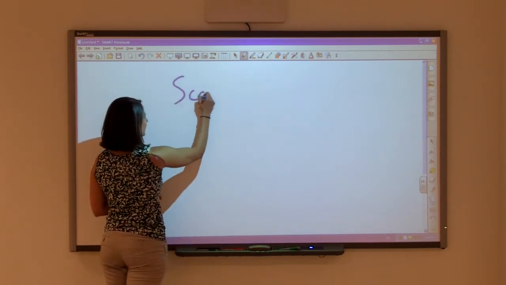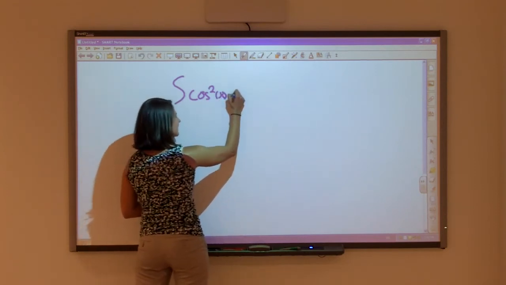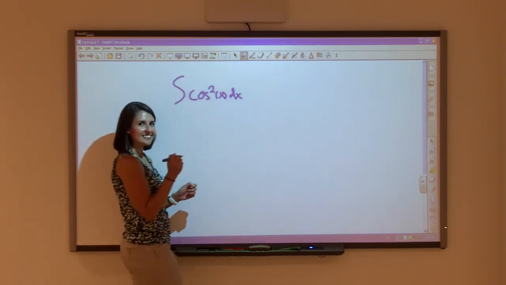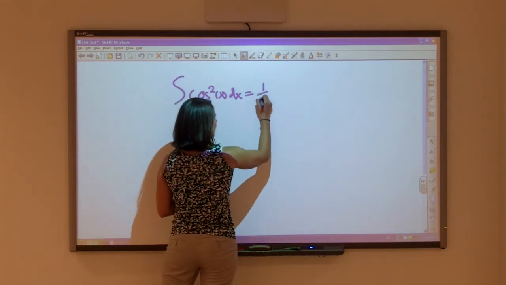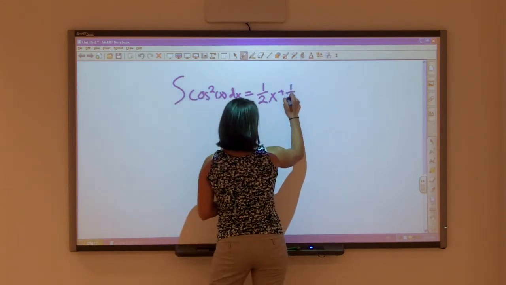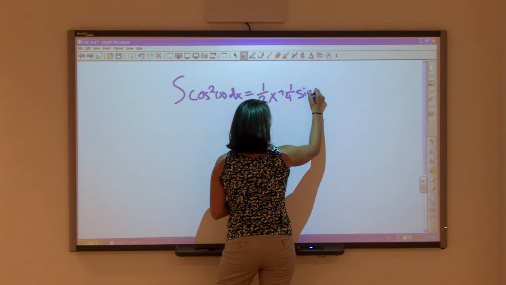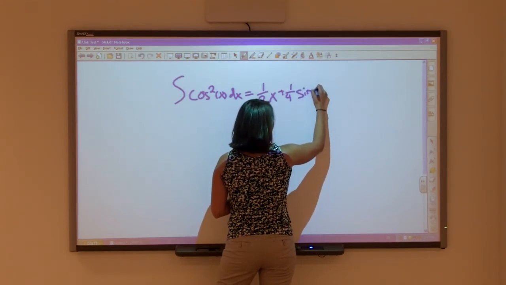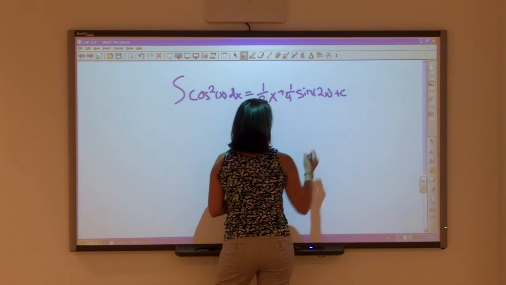The integral of cosine squared x dx, don't forget dx, actually is equal to 1/2 of x plus 1/4 of the sine of 2x plus c.